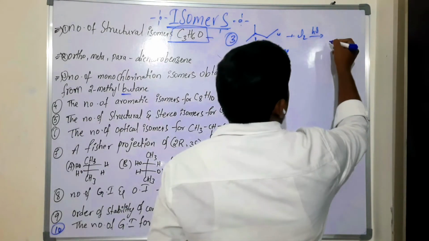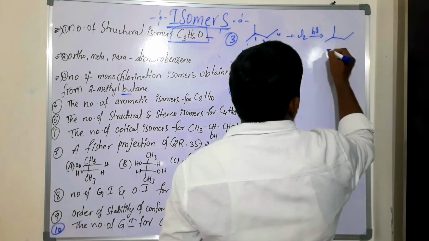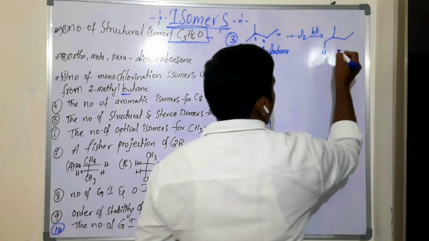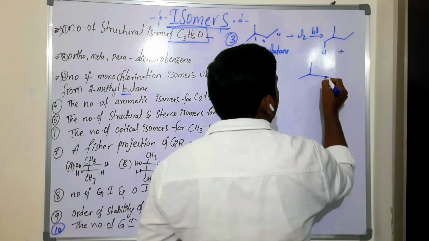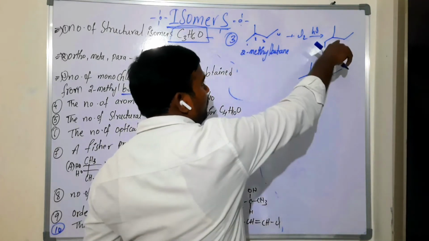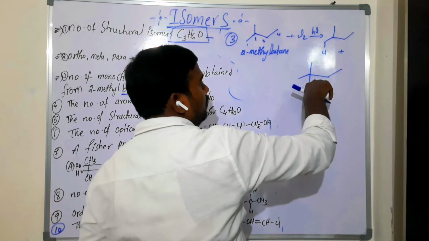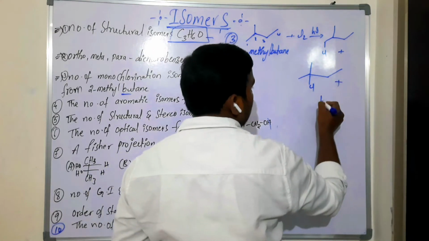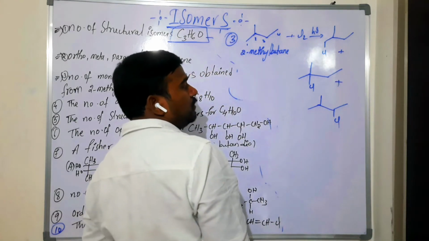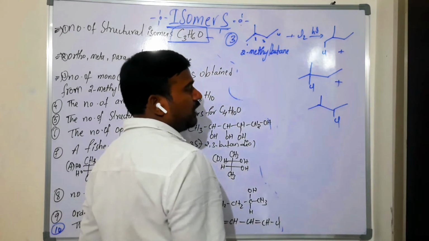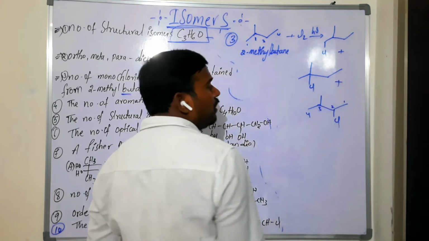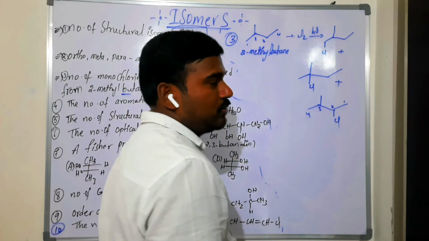Then how many isomers are we going to get here? This is the first isomer, where a hydrogen is replaced by one chlorine. The second isomer is 1-chloro 2-methyl-butane. Next is 2-chloro 2-methyl-butane. Next is 2-chloro 3-methyl-butane.